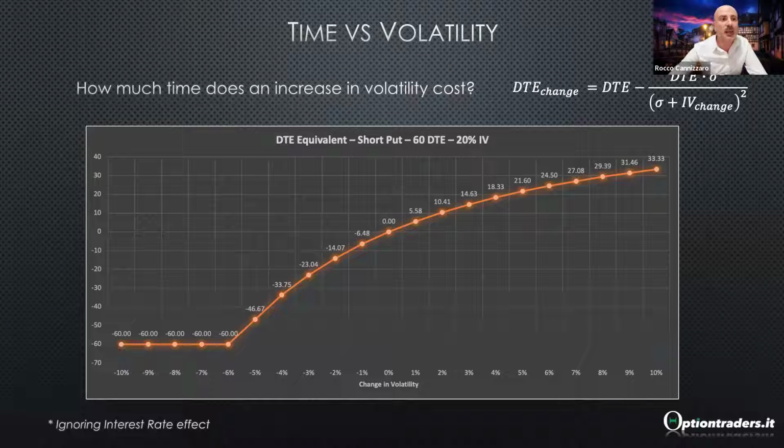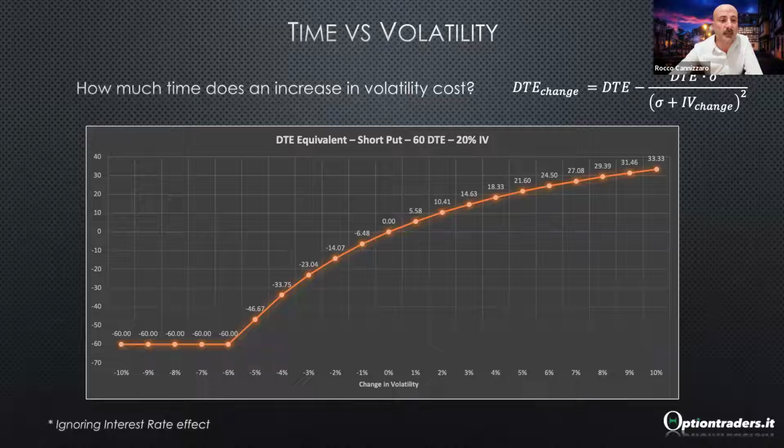And as you can see, the higher the volatility, obviously it adds a lot of days. On the other hand, if the volatility collapses, you can quickly take a profit, because as you can see, this is not a linear increase. It's a nonlinear increase; it basically goes with the square root of time. And so this chart shows you that the volatility is much stronger than the time itself.